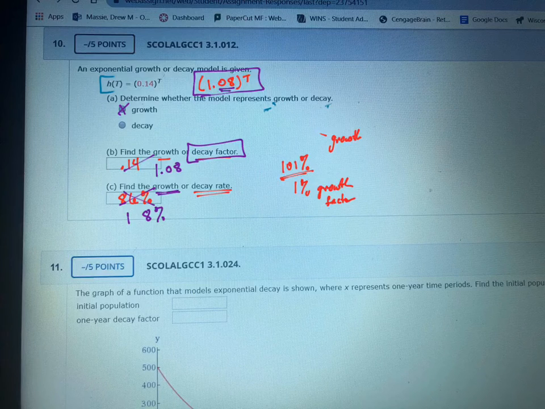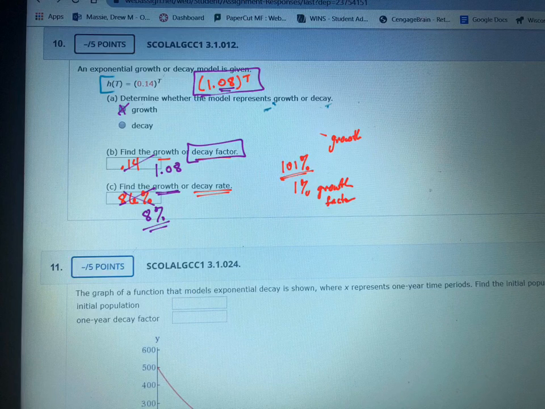No, I said that wrong. It's 108% is the growth. Sorry, nope, I was right. Originally, I was right. Again, we don't teach the words this way in our high school curriculum, so it's a little bit different, a little tricky how they want us to say it. But yeah, it's an 8% growth rate.